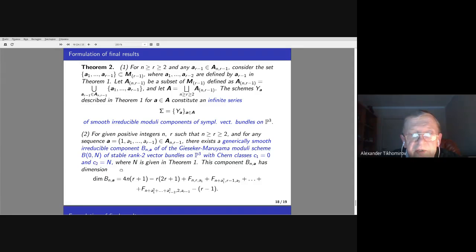This component has the dimension presented by this formula using that polynomial f.